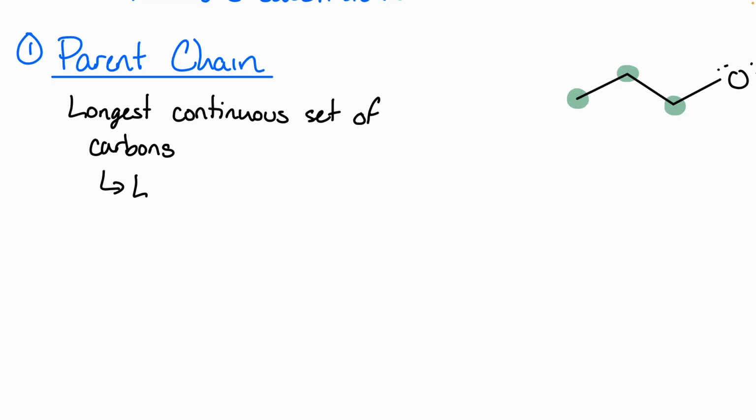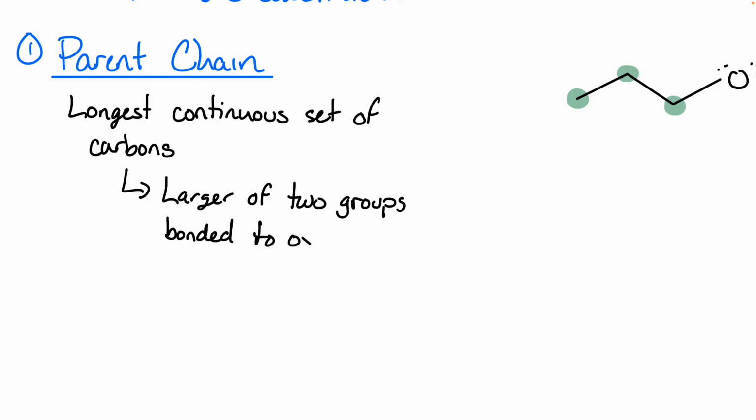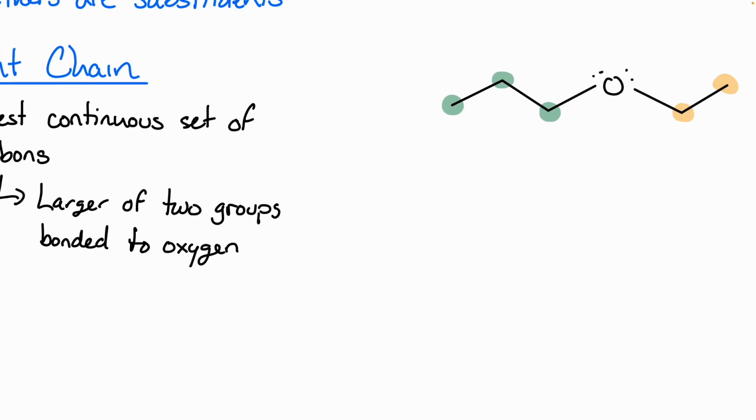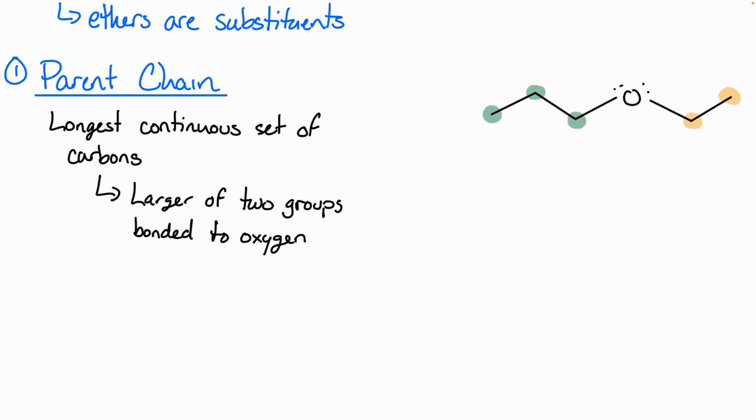All right, but it's going to be the larger, or rather longest continuous set of carbons, larger of those two groups bonded to oxygen. All right, so in this case here, like we said, it was the one on the left in green here.